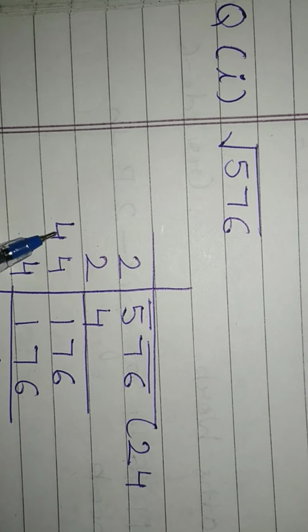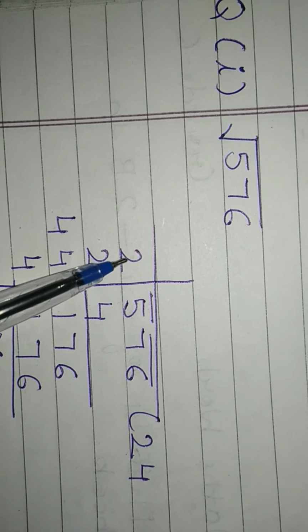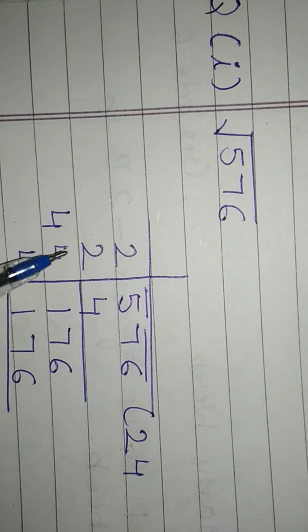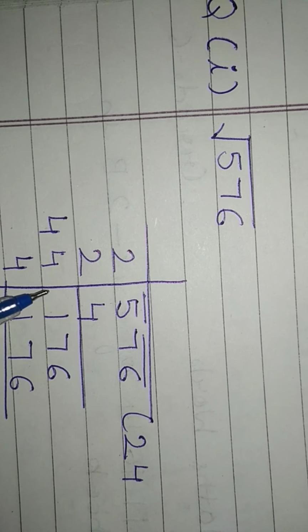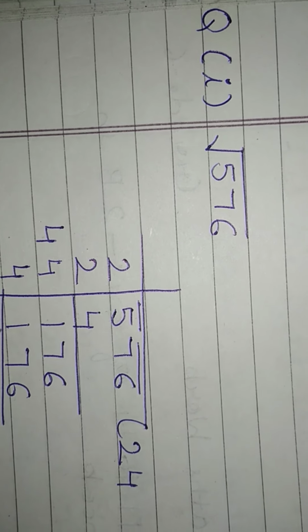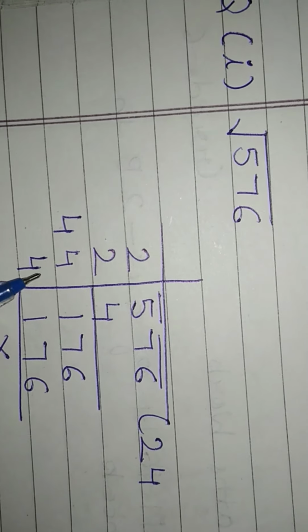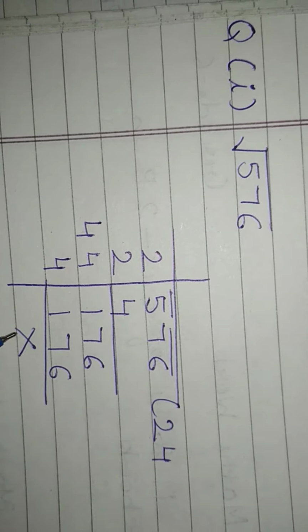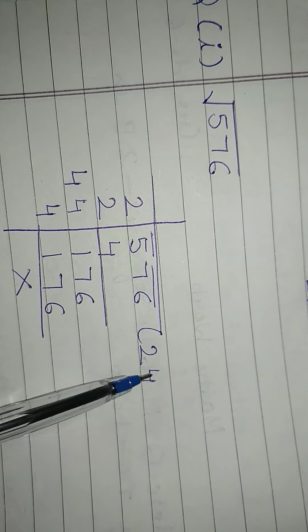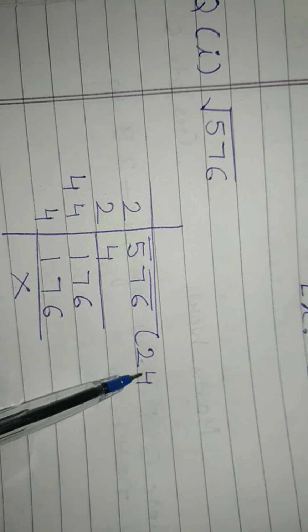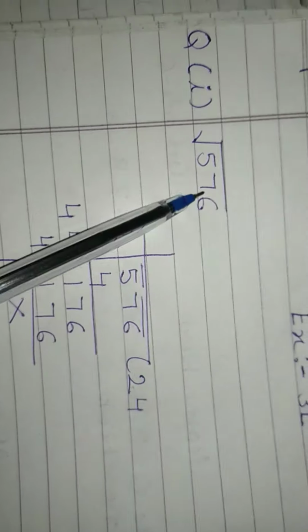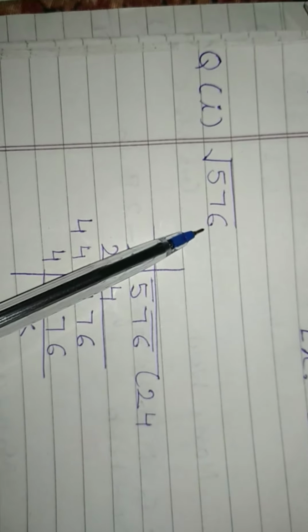Now the next divisor is obtained by adding 2 times the first divisor and multiplying it with the suitable next digit, which will give us 0 as remainder. And after that we will get a quotient. Here we have 24. So 24 multiplied 2 times will give us 576.